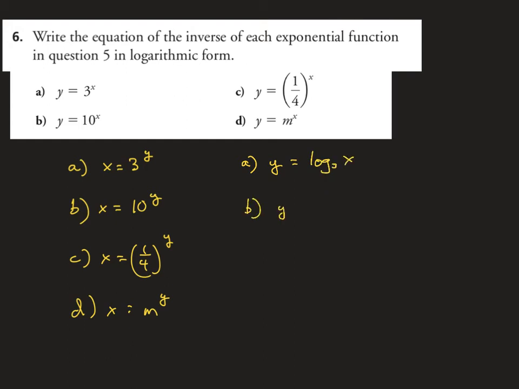B, y equals the log base 10 of x, but if it's base 10, you don't have to put base 10. Log of x. It's just assumed that it's base 10. C, y equals log with the base of 1/4 of x, and D, y equals log base m of x.